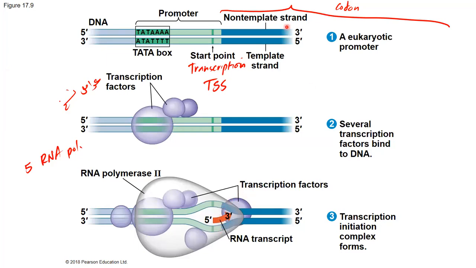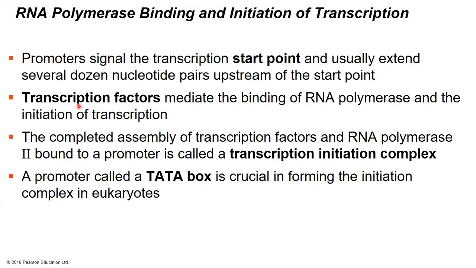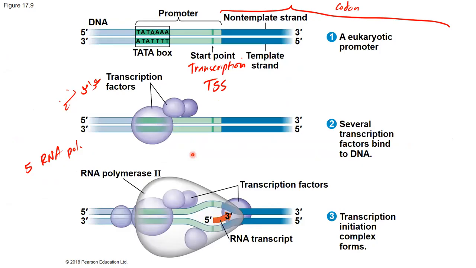So this is transcription initiation. It requires transcription factors and the formation of the transcription initiation complex. The transcription factors bind to the TATA box. As you can see, DNA elements are important for the initiation of transcription. These DNA elements are found in the promoter region, like the TATA box.